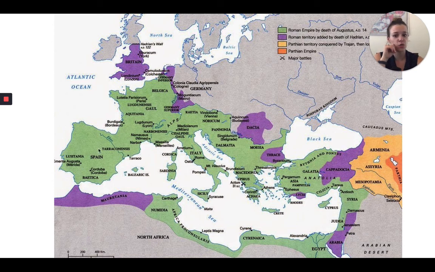A lot of this territory had been conquered prior to him, but he expands it. Hadrian will add even more territory, including Britain and the entirety of North Africa. But they never get into Parthia, like the Persian area.